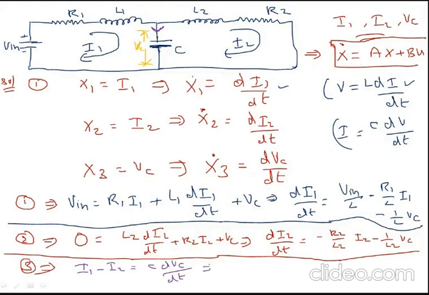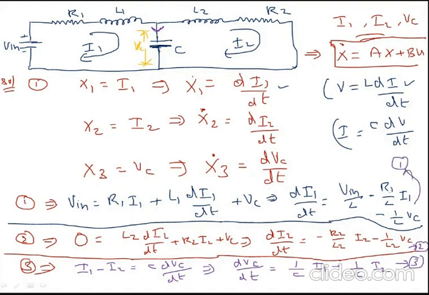So dVc by dt is equal to 1 by C into I1 minus 1 by C into I2. So this is your equation 3, equation 2, and then this is your equation 1.